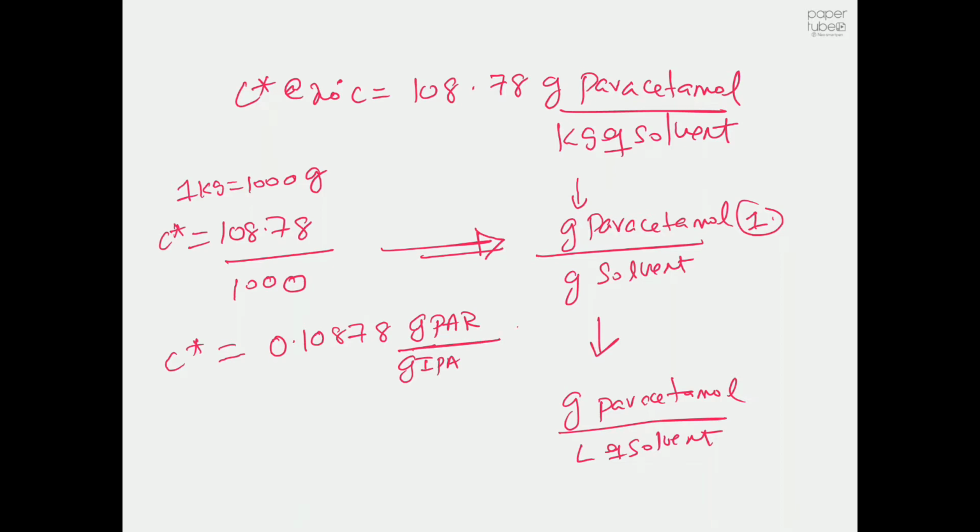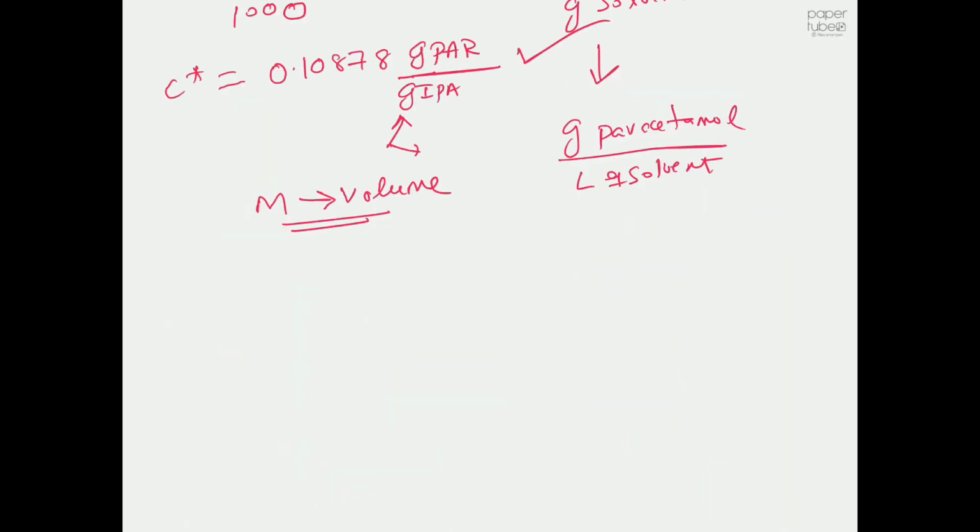So the first part is done, and now we have to convert gram of paracetamol per gram of IPA into gram of paracetamol per liter of your isopropanol solution. In order to convert mass to volume, we need density. We know density is equal to mass by volume.